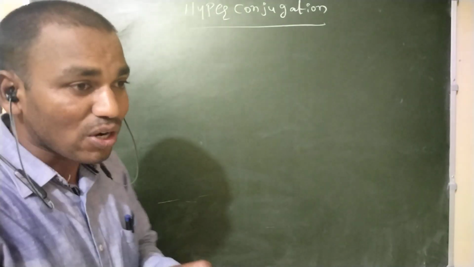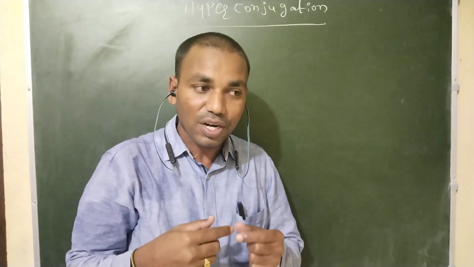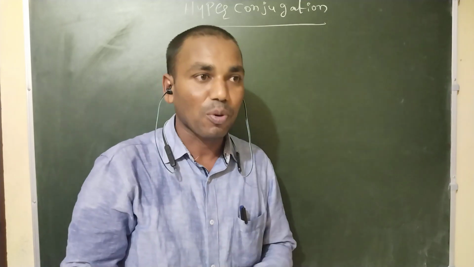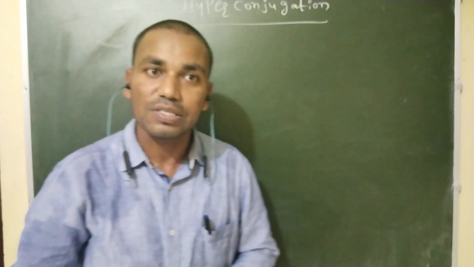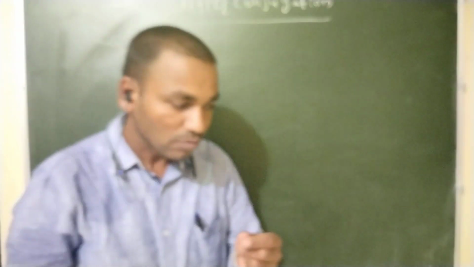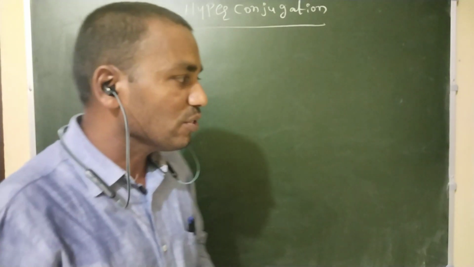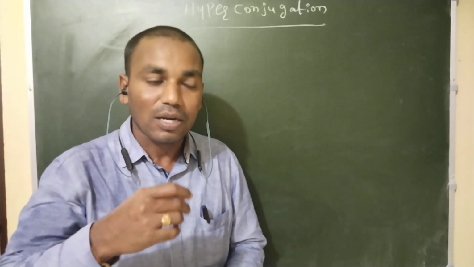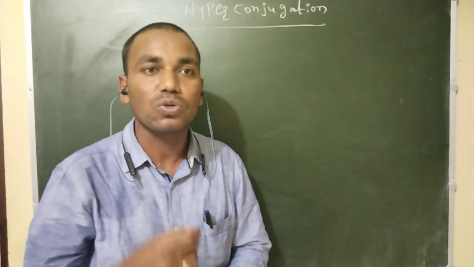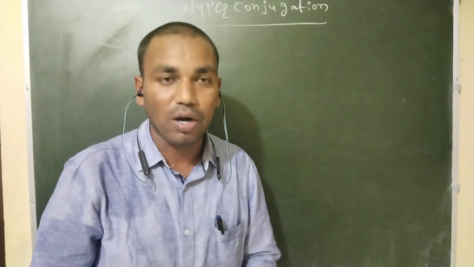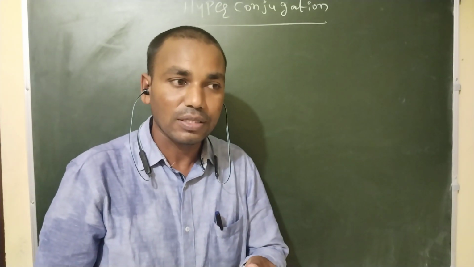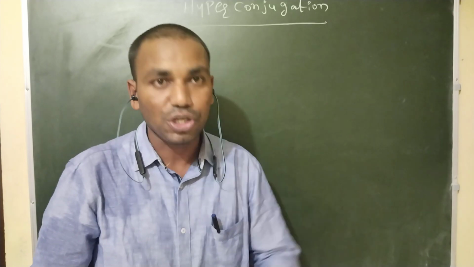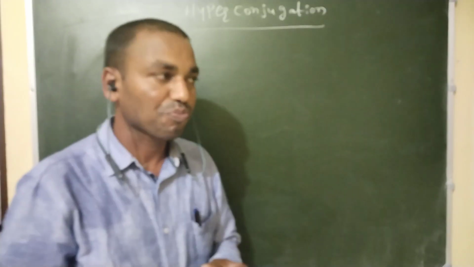So what is hyperconjugation? What are the important aspects of hyperconjugation? In today's class we have to discuss this. Hyperconjugation is nothing but a way to identify the stability of carbocation, carbon free radical, and also double bond, that is unsaturated compounds.